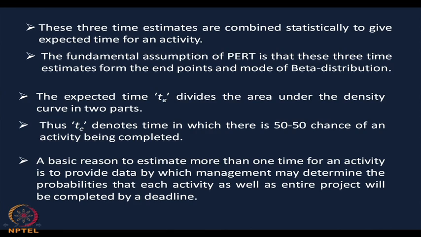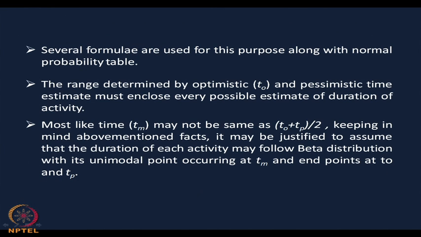That means whenever you repeat a particular experiment, you get different kinds of results, and from there you find the most expected time for the completion of the project. That is the reason we go for repetition. Then several formulas are used for this purpose along with the normal probability table. We have the tables; we will not go into details of this one.